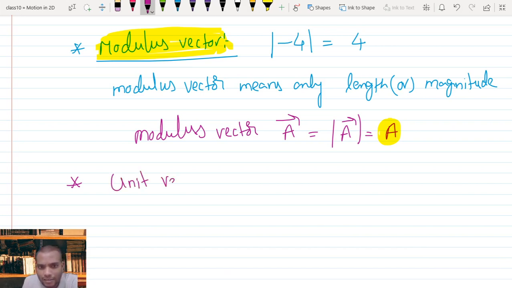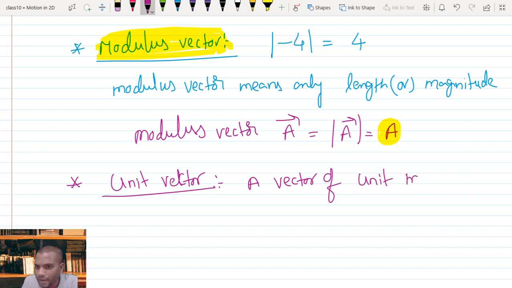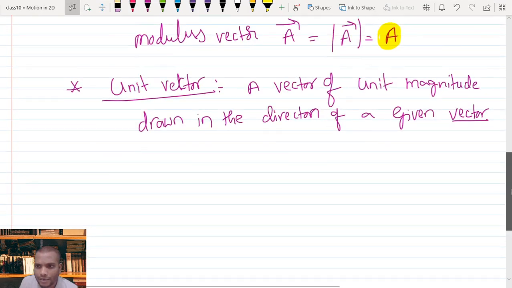So what does it mean? How can we draw the unit vector?